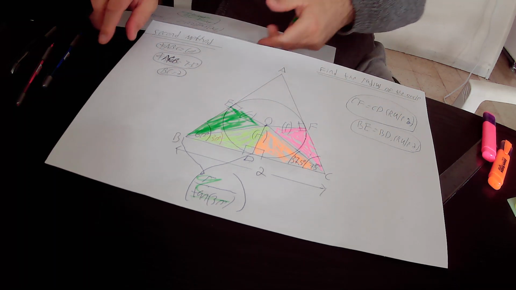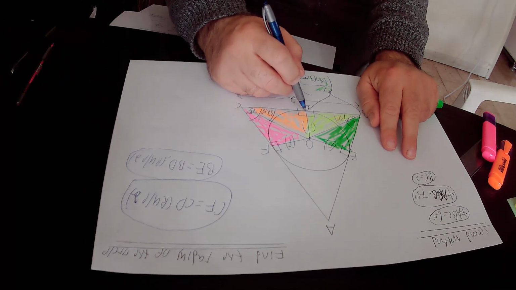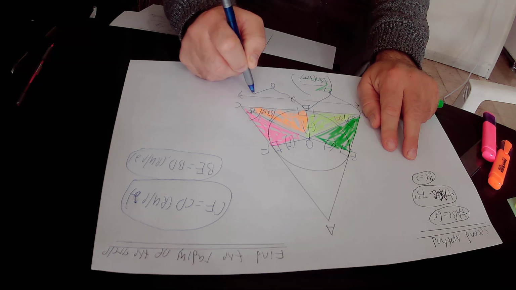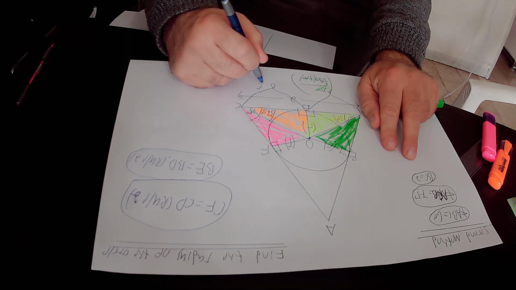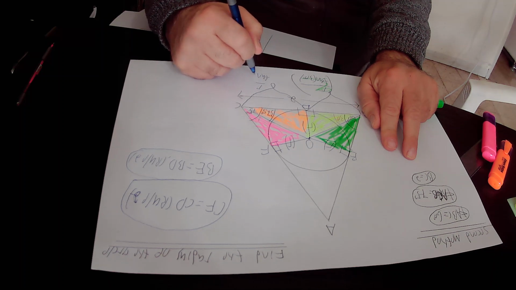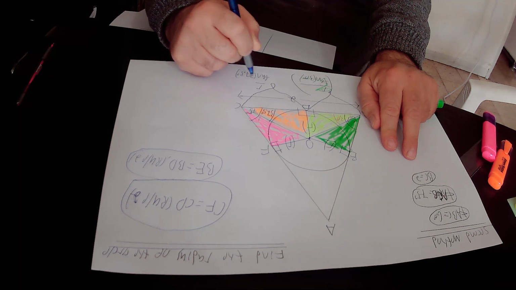So I write it down here. This is side DC, which equals R over tangent 37.5 degrees in its length.